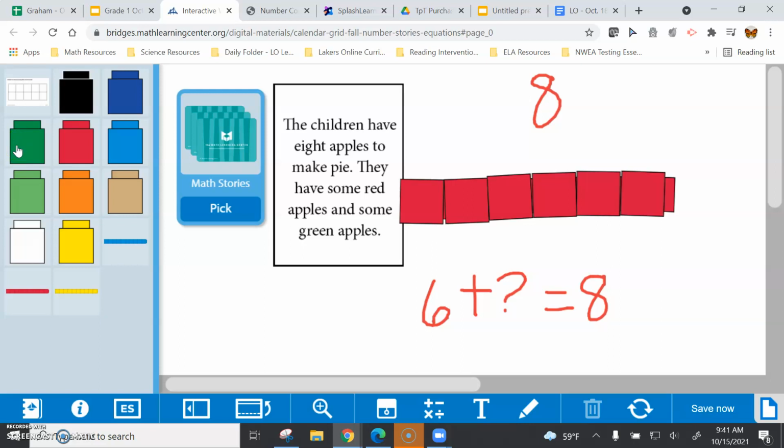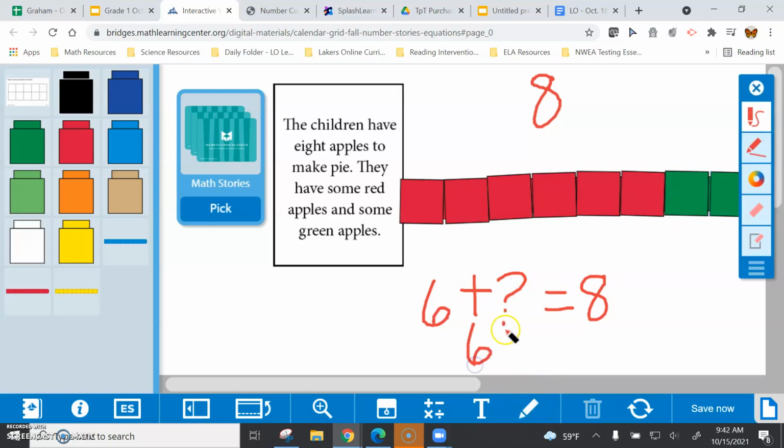If we already have 6, we can count on with the number that comes after 6. So if we have 6, this is 7. And this is number 8. 6 plus 2 is one way to make the number 8.